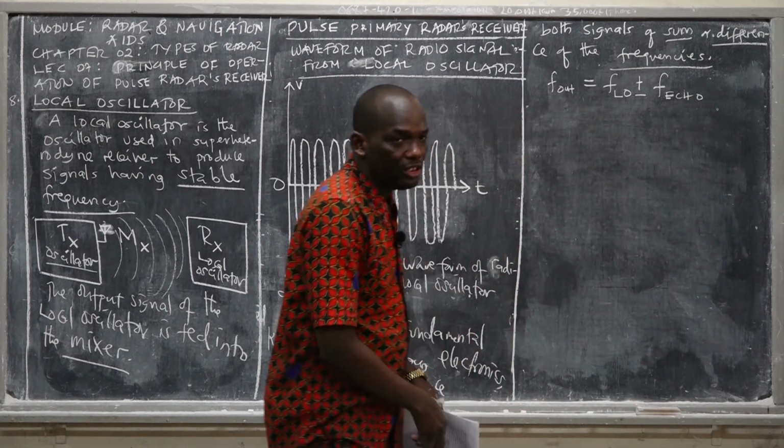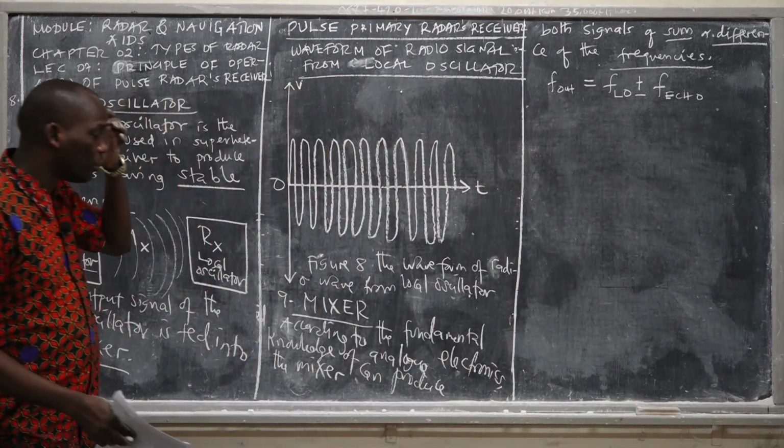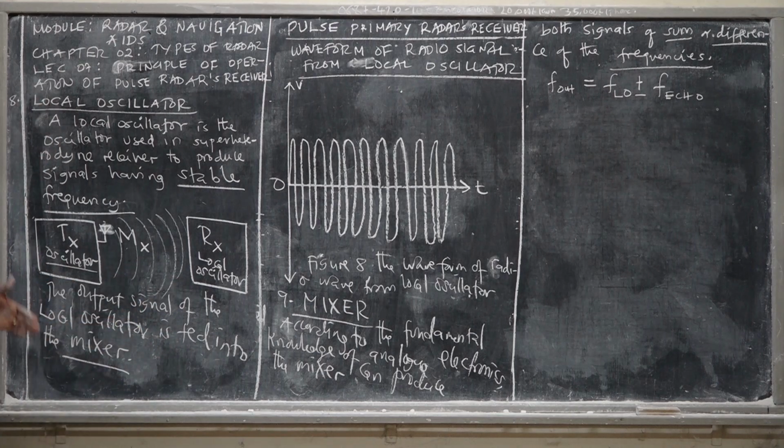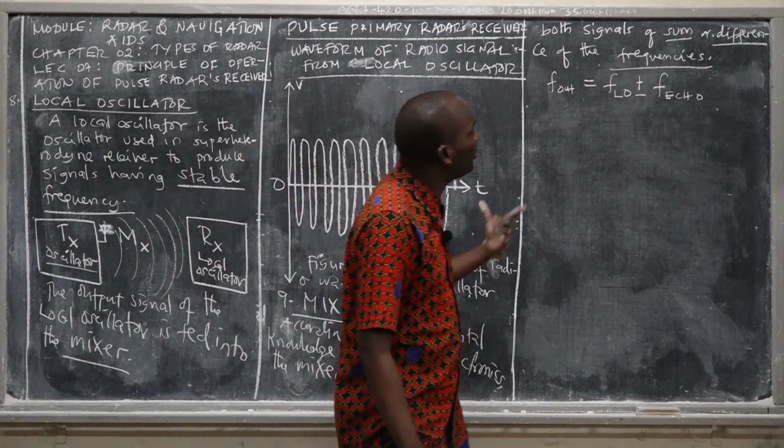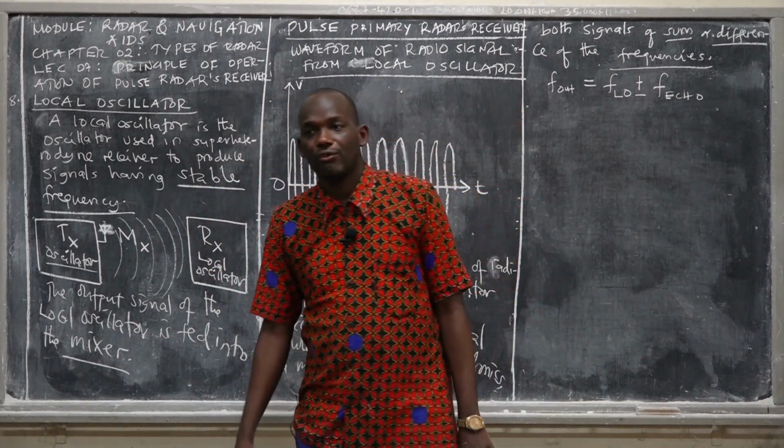That's the meaning. So from this fundamental principle of working, or knowledge of analog electronics, the mixer can produce both signals of the sum or difference of the frequencies.